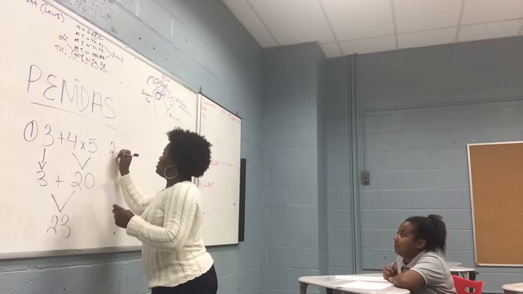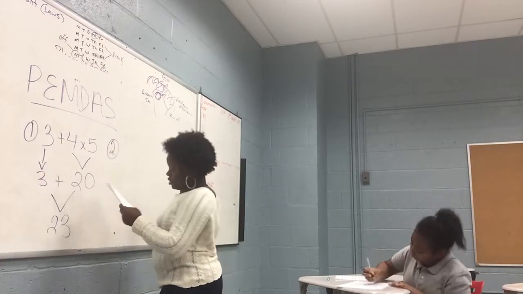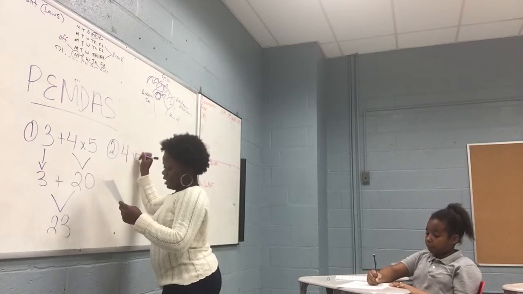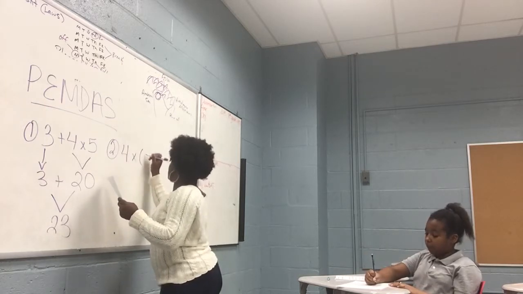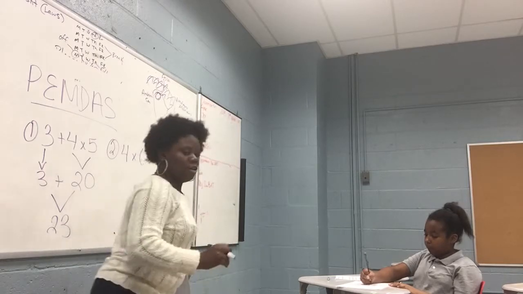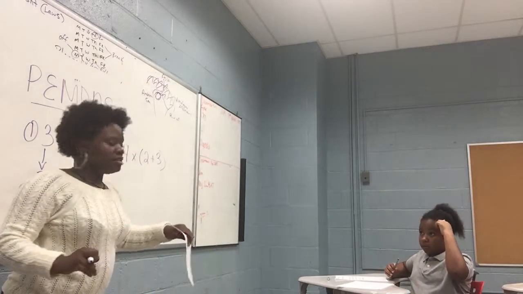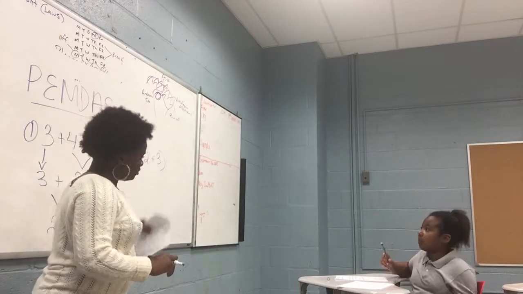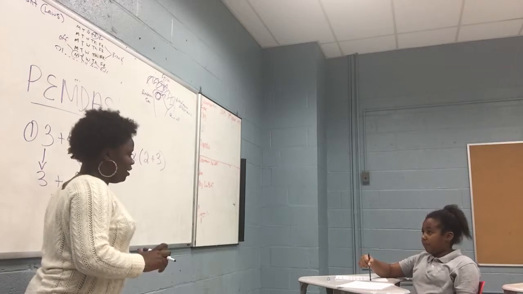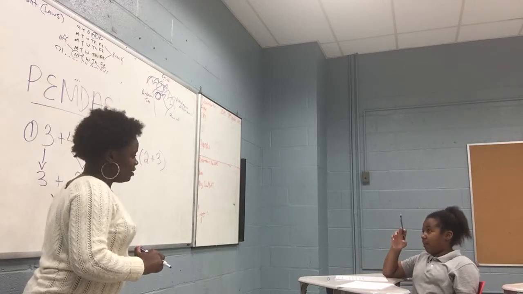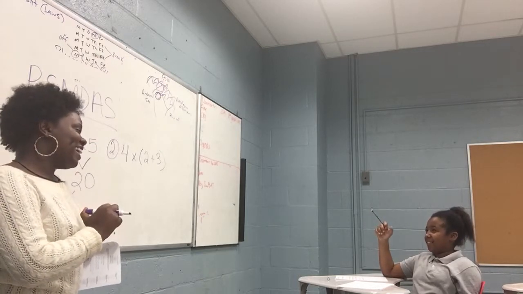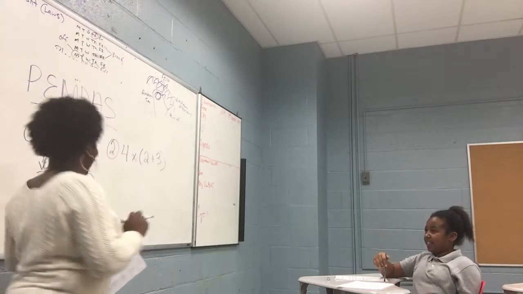Let's try another. The second expression will be 4 times parentheses 2 plus 3. What would you do first? Add 2 plus 3, because the first letter in PEMDAS is parentheses.